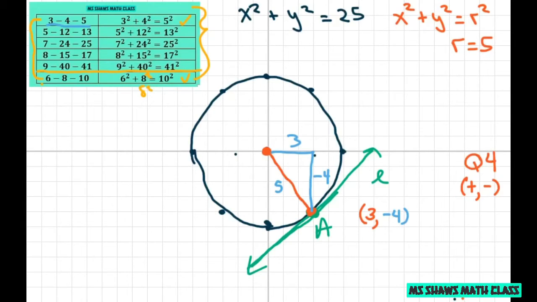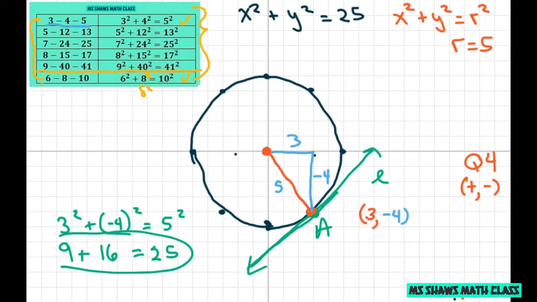All right, and if we check that, that would be 3 squared plus negative 4 squared should equal 5 squared. So that's 9 plus negative 4 squared is positive 16 equals 25. So that does work.